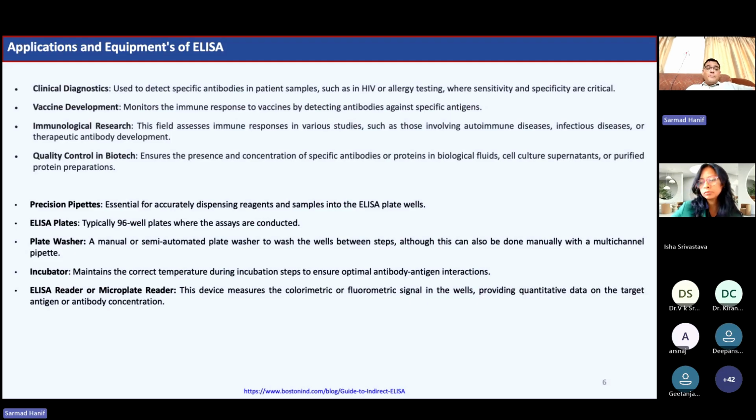So pipettes should be precise, well calibrated, and then they can be used.